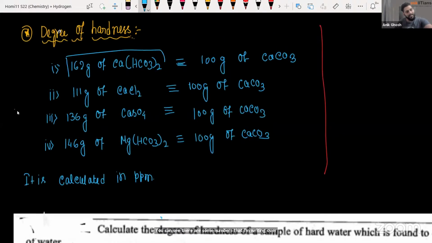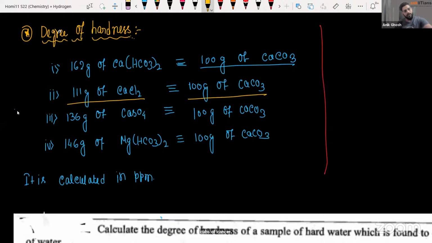162 grams of calcium bicarbonate is equal to 100 grams of calcium carbonate. 111 grams of calcium chloride is equal to 100 grams of calcium carbonate. 136 for calcium sulfate. So what are these numbers talking about?